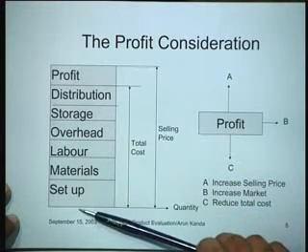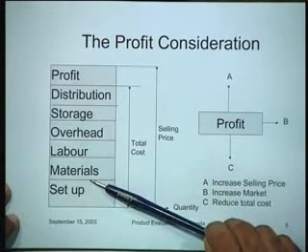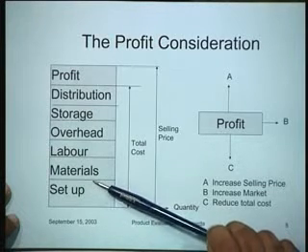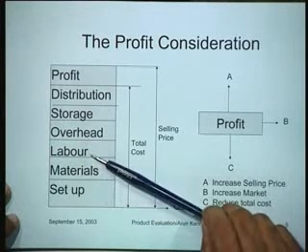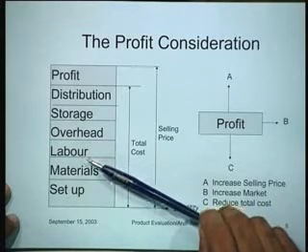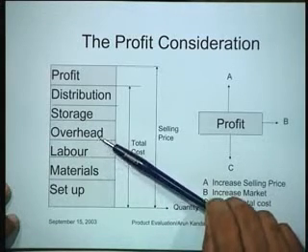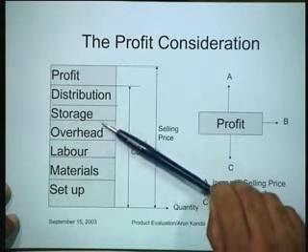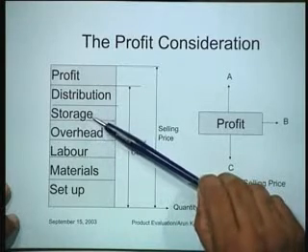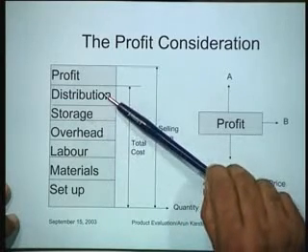These layers are, for instance, you might have a setup cost, setup for the various machines. You might have a cost of materials which you procure for production. You have a cost of labor. Then you have overheads on these costs. Then you have costs of storage. Then you have costs of distribution.